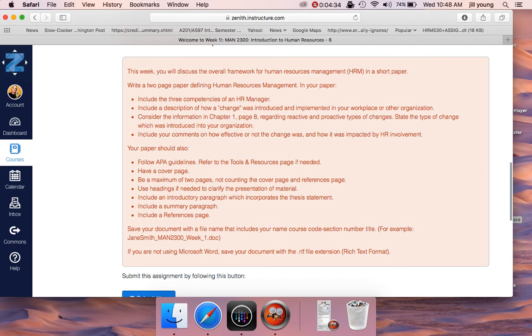So, an example would be, I know so many times I've been employed in an organization where they have decided to change their training programs, and HR was really involved in that because they're looking at, okay, so we're recruiting. How successful is our recruiting? Do we have a lot of turnover?